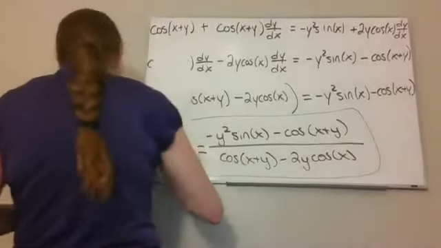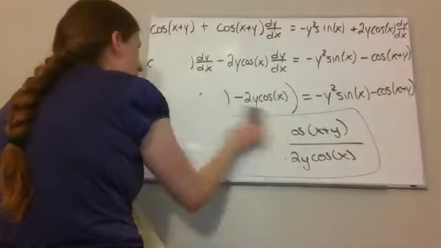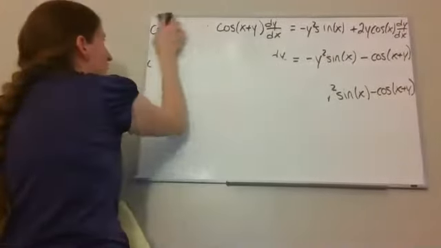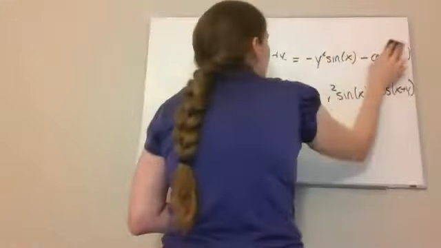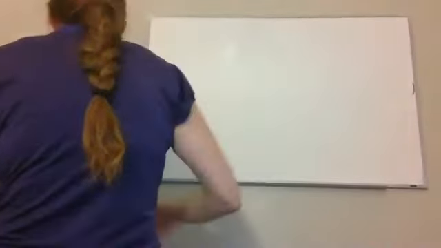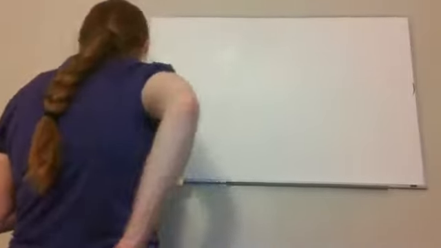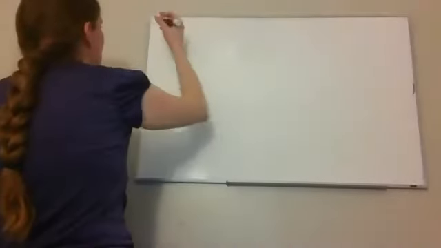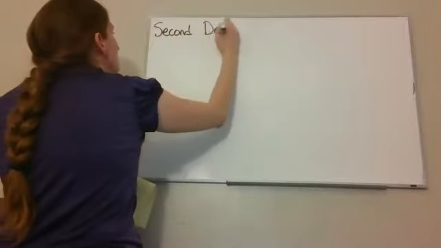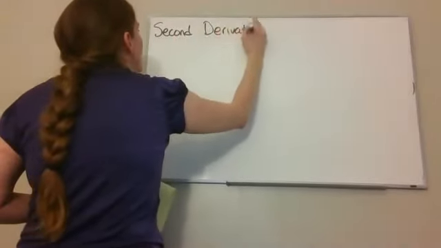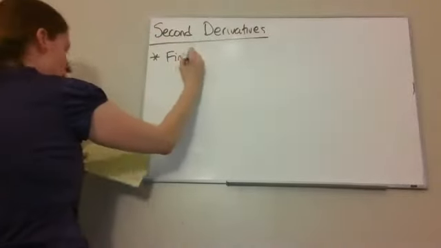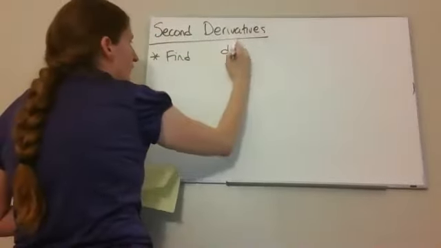All right, so now we need to talk about how to do second derivatives using implicit differentiation. So if you're going to do a second derivative, the first thing you should do is find your first derivative first.